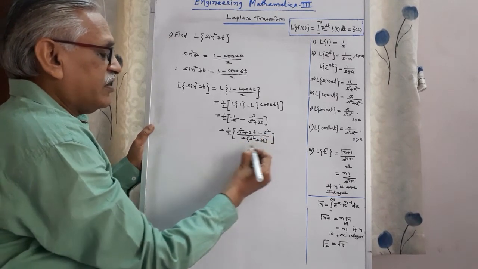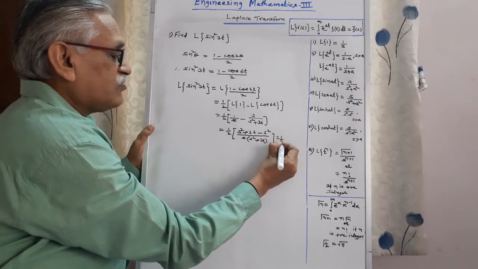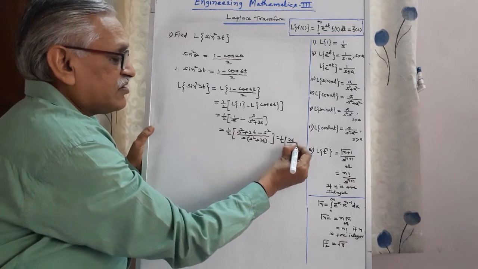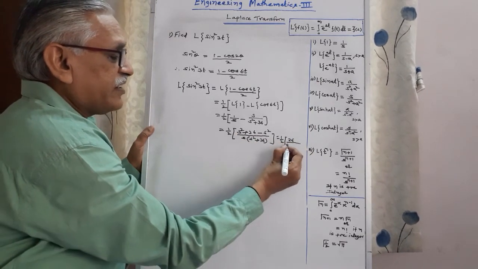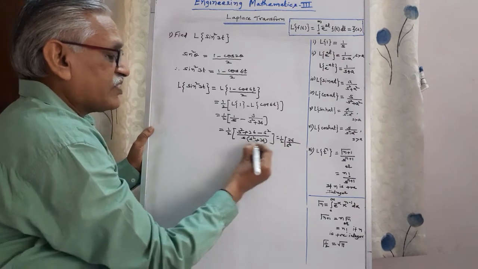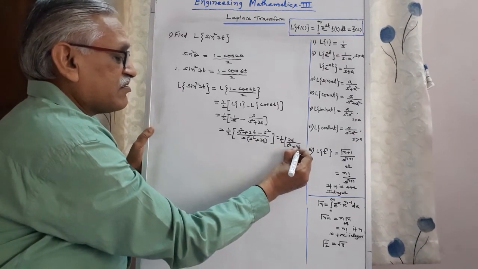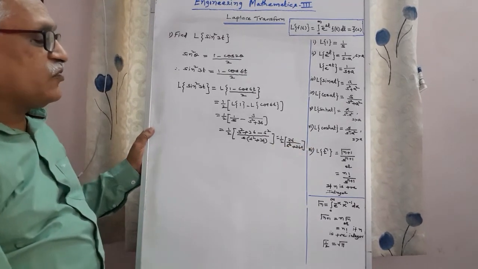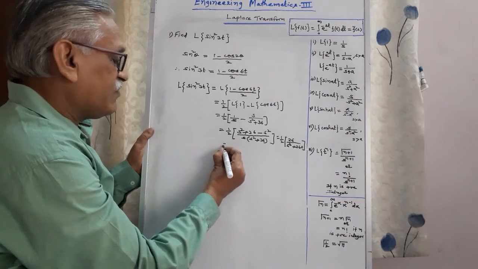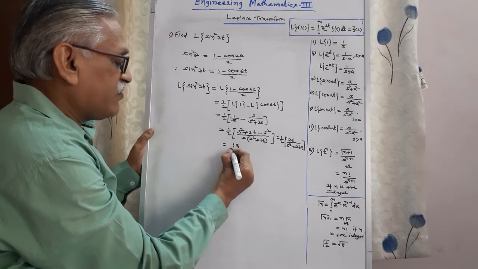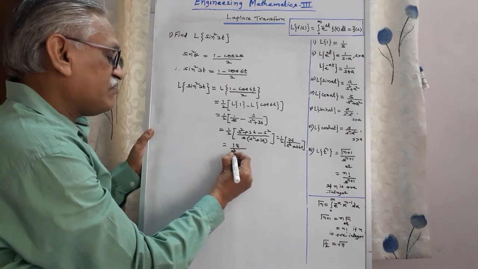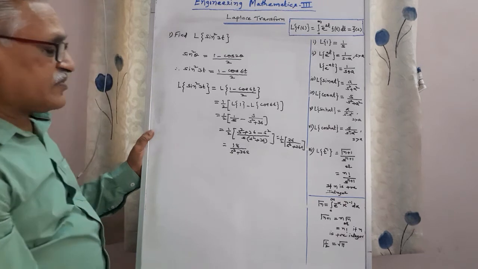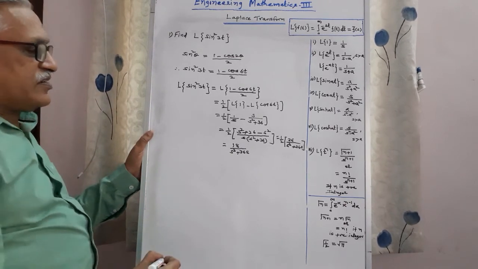Therefore it is 1 by 2, s square gets cancelled, it is 36 divided by, if you multiply it inside, s cube plus 36s, and dividing by 2 we get its simplified value, 18 divided by s cube plus 36s. Okay, this is the required result.